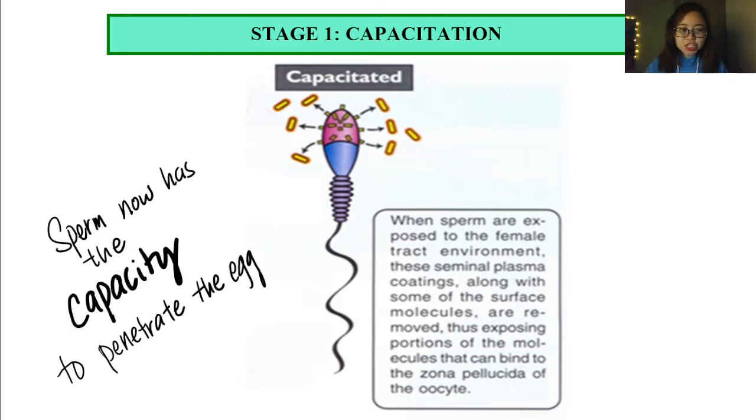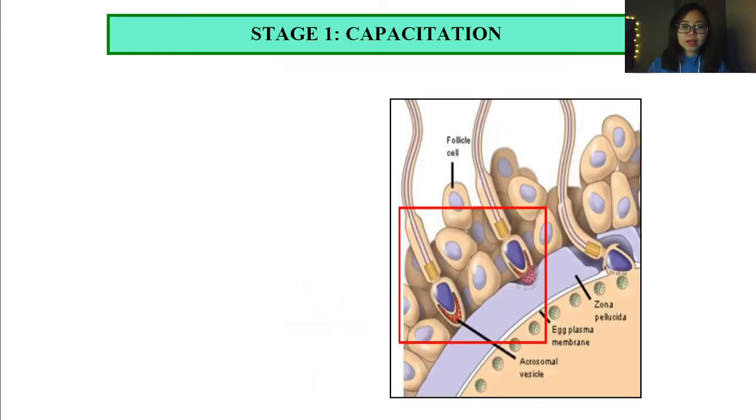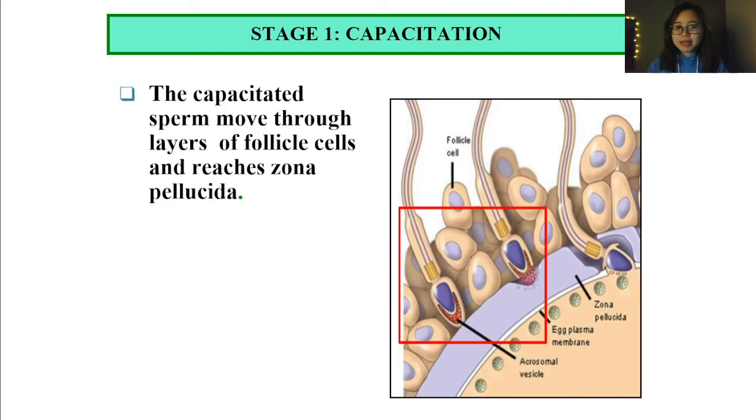After capacitation, the sperm now has the capacity to penetrate the egg. Selepas stage ini, baru sperm itu ada capacity ataupun kemampuan untuk menembusi, memasuki telur. Okay, so the capacitated sperm will then move through the layers of follicle cells and reaches the zona pellucida.